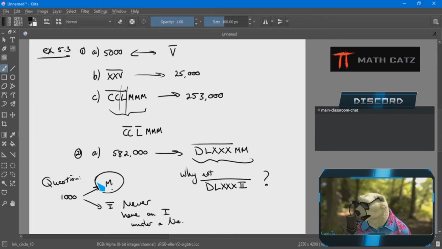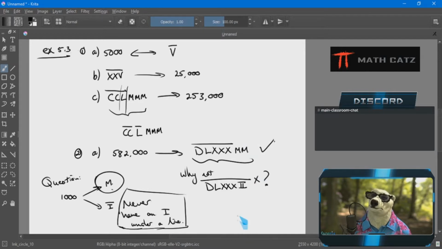So there is, I lied, I apologize. There is another little rule here that we are going to follow. That is, you will never have the I letter under a line. There is always a way to use the M instead. So when I have this 2000, that doesn't appear under the line because it has its own symbol and not using I's under lines.